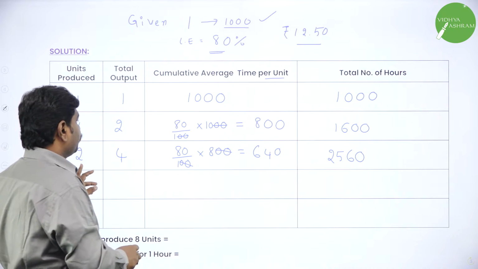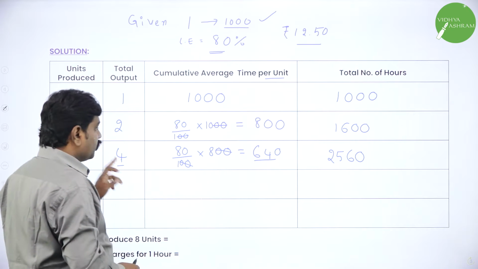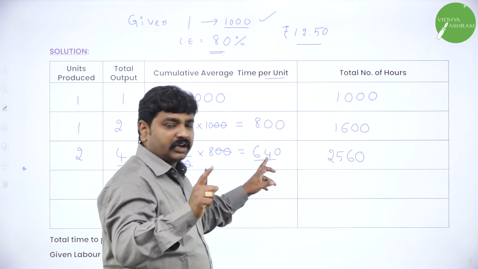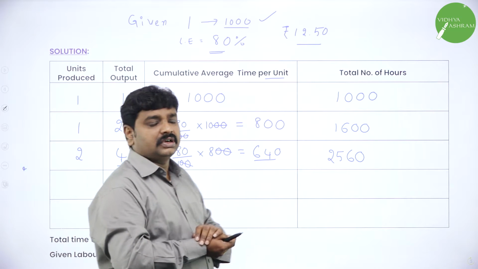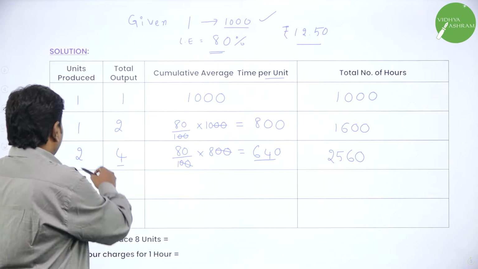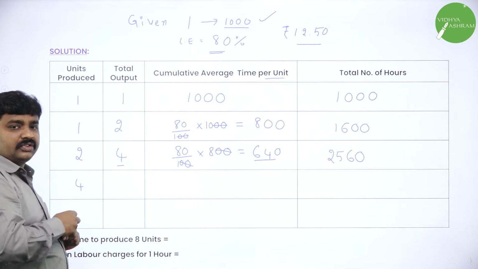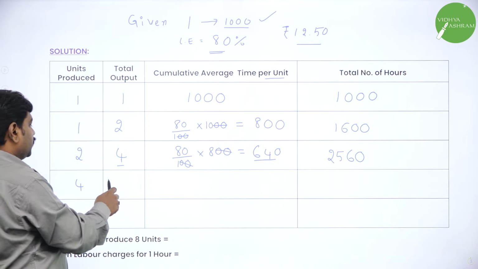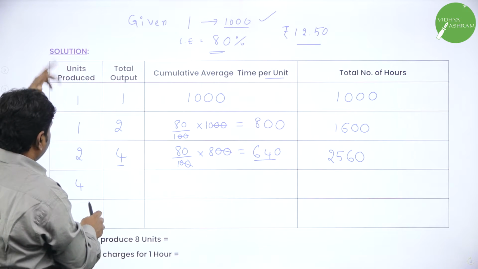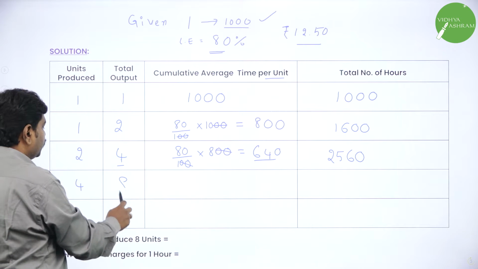Number of units, total output is 4, and 640 for 1 unit, 640 into 4, you will get 2560 hours. Then add this: 2 plus 1, 3, 3 plus 1, 4. I am producing 4 more units, so 4 plus 4, 8. Or if you add all, 4 plus 2, 6, 6 plus 1, 7, 7 plus 1, 8 units.